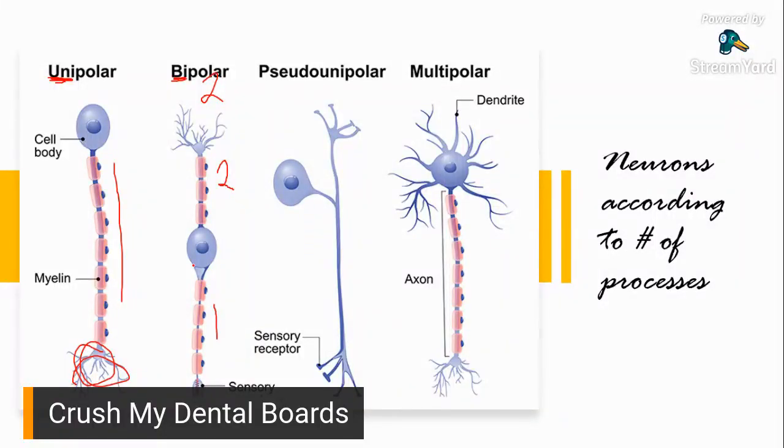What are examples of bipolar neurons? Bipolar neurons can be seen in your olfactory system, connected to your retina, and even the ganglion of your auditory nerve. So they're composed of bipolar neurons.